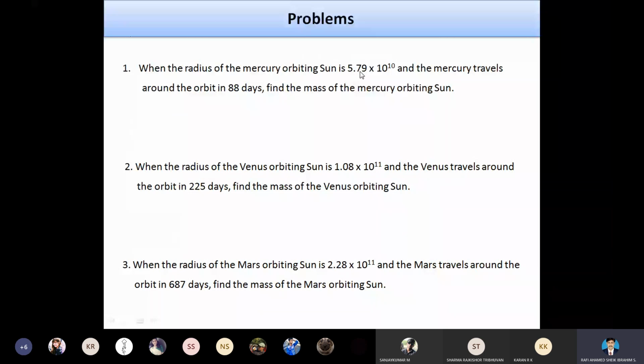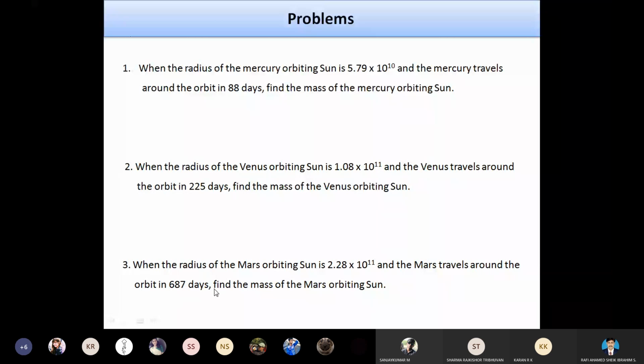Similarly for the Venus, the radius is 1.08 into 10 power 11 and the orbital period is 225 days. For Mars, the radius is 2.28 into 10 power 11, and the orbital period is 687 days.